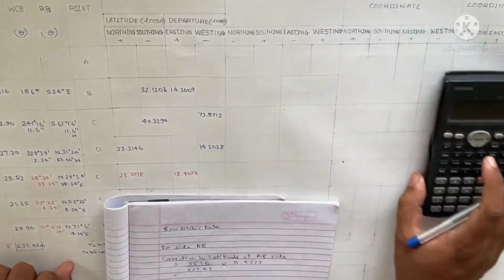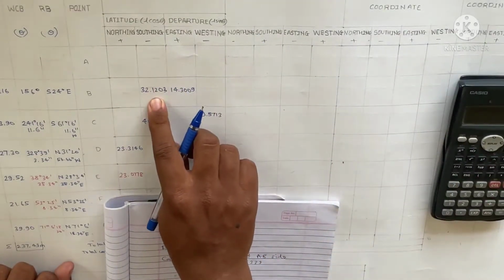I am going to write it in the southing column, because that is southing.